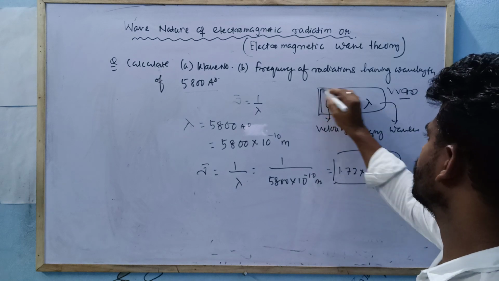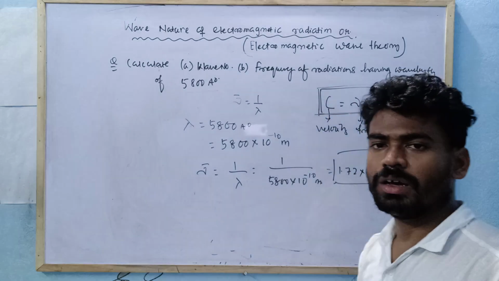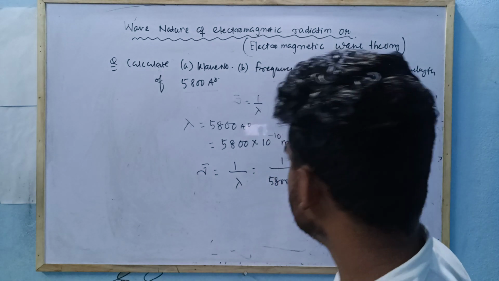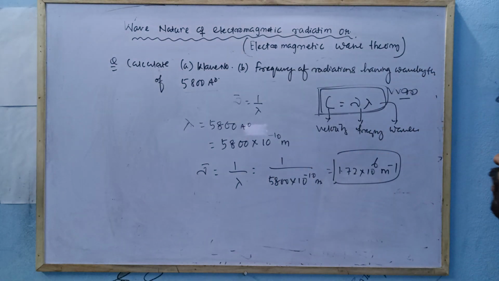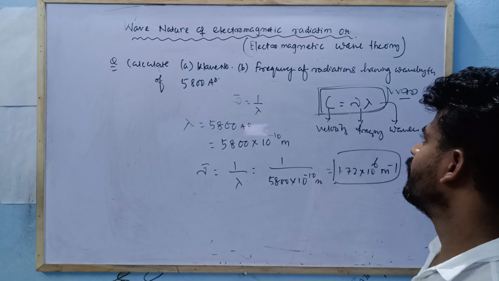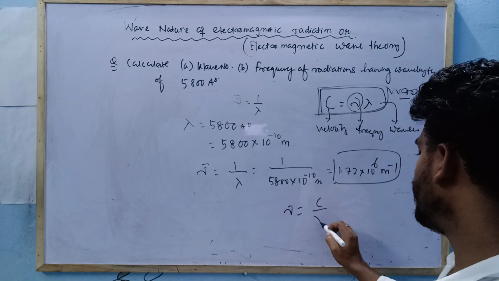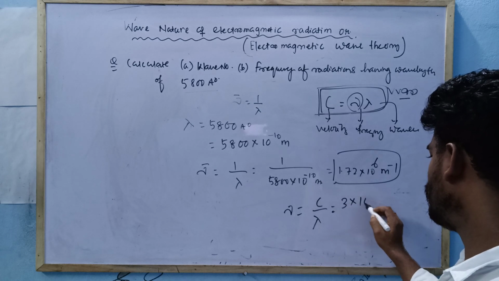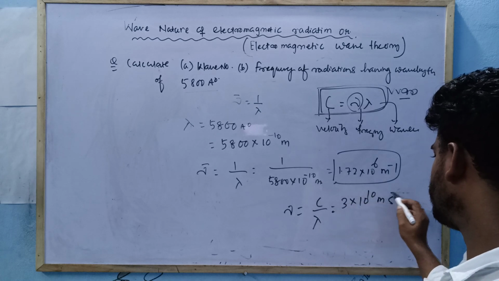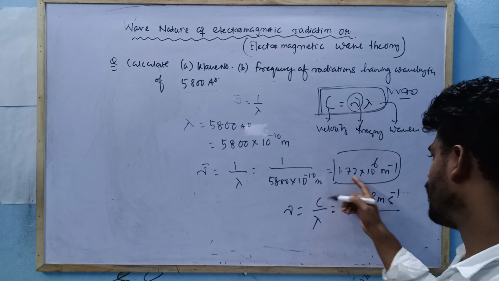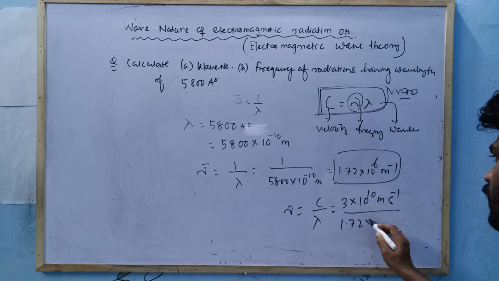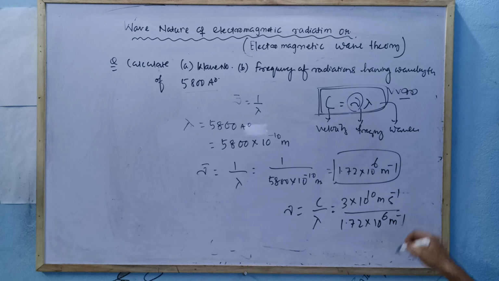Remember this formula, c is equal to nu lambda. By applying this formula you can calculate the frequency. Frequency is nu, so nu is equal to c by lambda. C is 3 into 10 to the power 8 meter second inverse, divided by lambda, you have got 1.72 into 10 to the power 6 meter inverse.